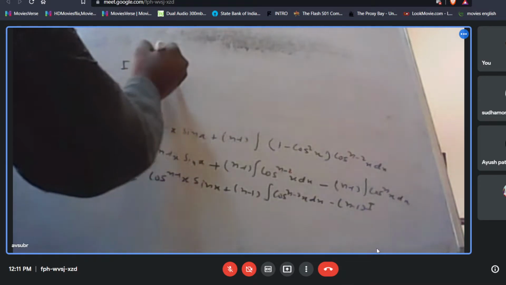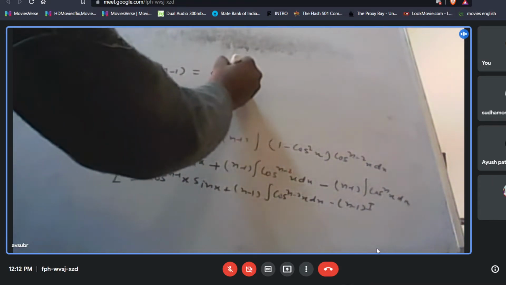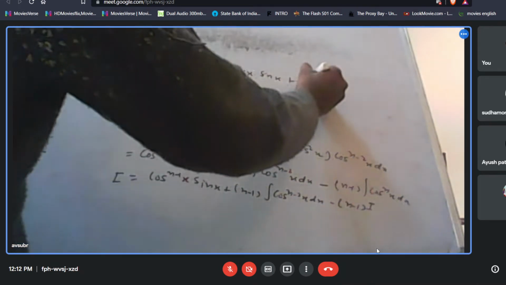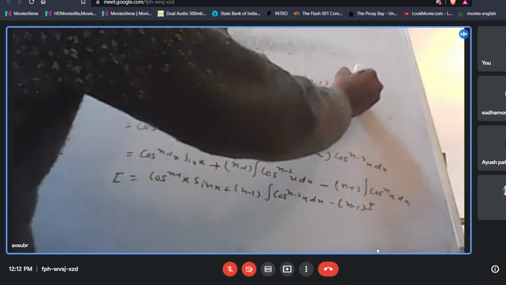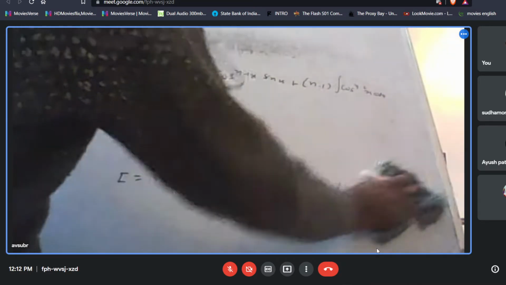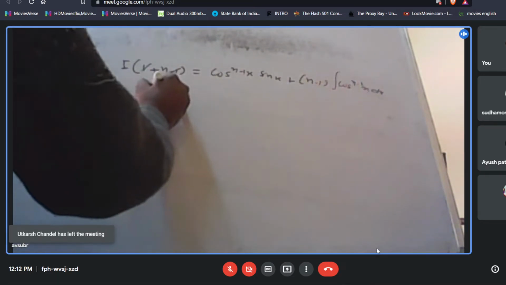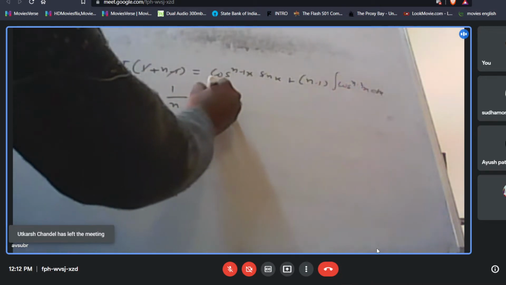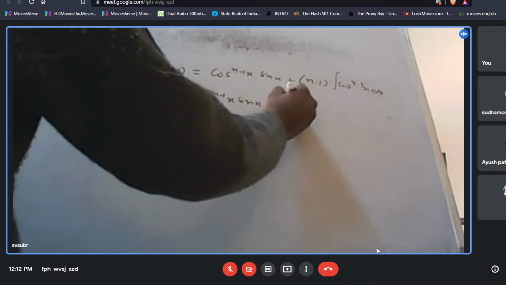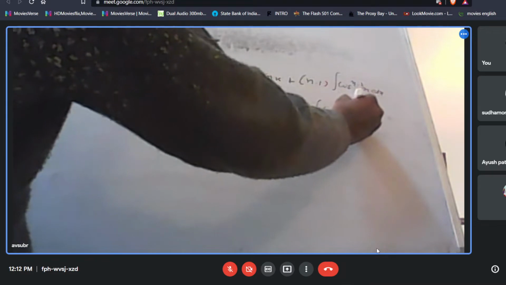So I times 1 plus n minus 1 is equal to cos to the power n minus 1 x sin x plus n minus 1 integral of cos to the power n minus 2 x dx, or finally I is equal to 1 by n cos to the power n minus 1 x sin x plus n minus 1 by n integral of cos to the power n minus 2 x dx.